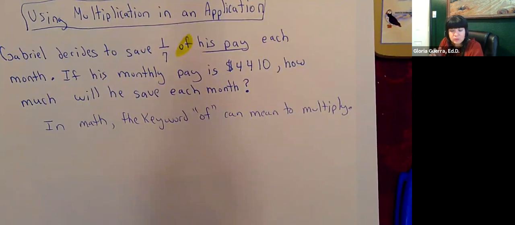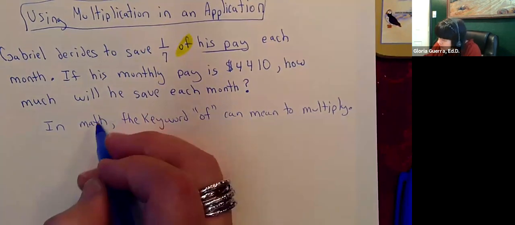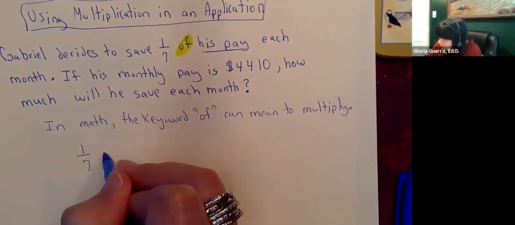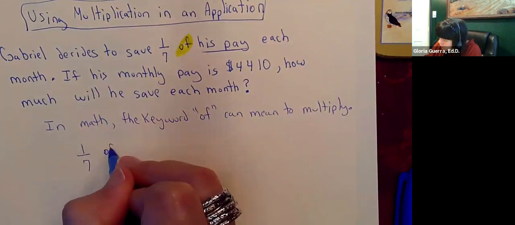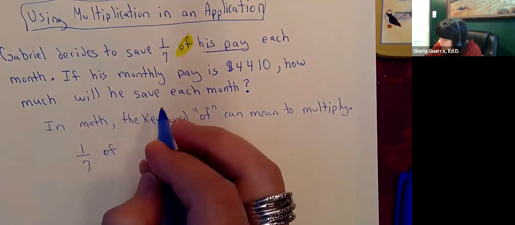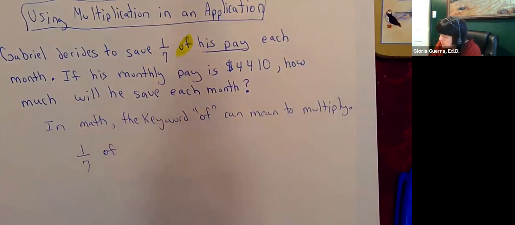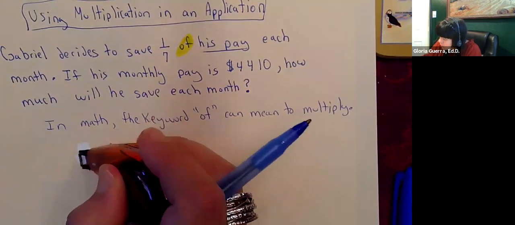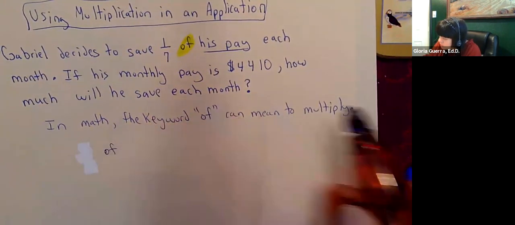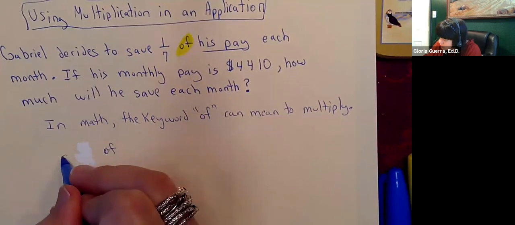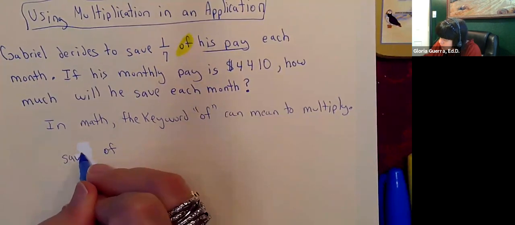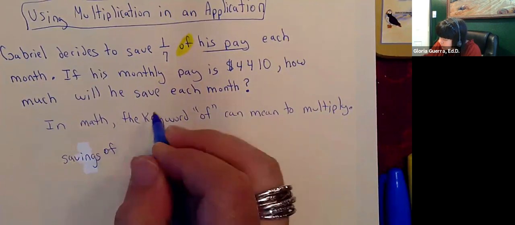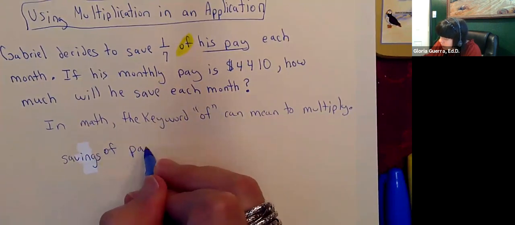So yeah, we can take the 1/7 of the pay. So I guess I should say savings of pay.